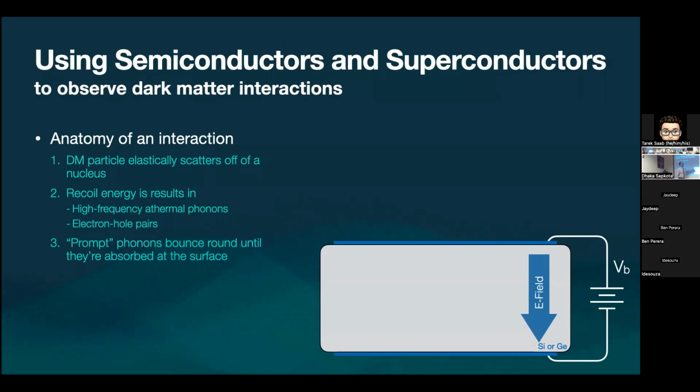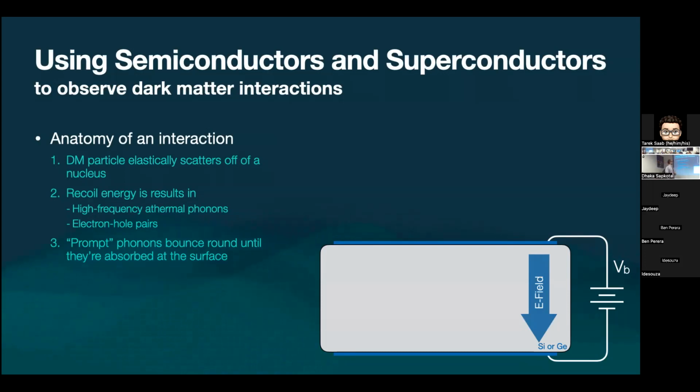You'll get a larger signal if the incoming particle was, say, a photon or a muon or an electron, anything that interacts electromagnetically, rather than, say, a neutron or a dark matter particle. By measuring those two signals, you can identify and reject at the data analysis stage the vast majority of events that come from unwanted backgrounds.